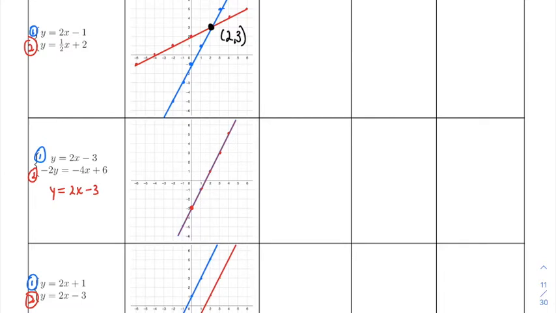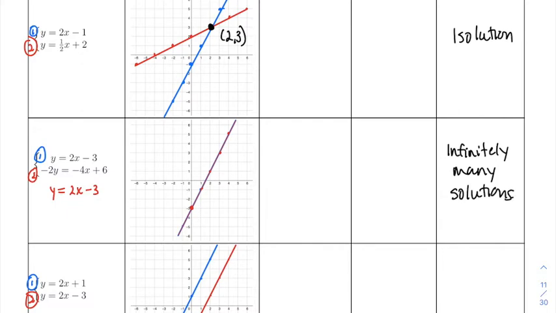There are 3 different scenarios you can have when you are graphing a system of 2 linear equations. So not circles, not parabolas, not the other ones, but when you have 2 lines being graphed. As we can see through these examples, there are cases where we have one solution, where we have infinitely many solutions. And why is that? That's because these 2 lines are overlapping. So any xy value that satisfies the blue line must also satisfy the red line.